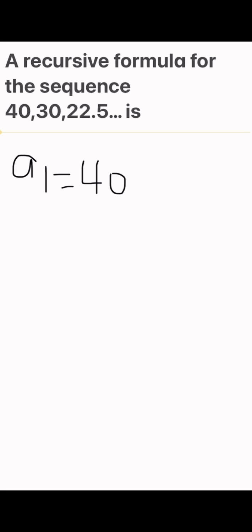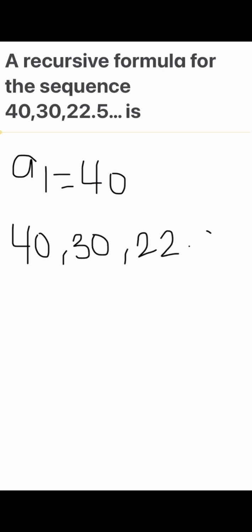Now, we're trying to figure out if this series is either arithmetic or geometric. So the way we do this is we have to rewrite our numbers, 40, 30, 22.5. So we're going to go from the number on the right to the left.